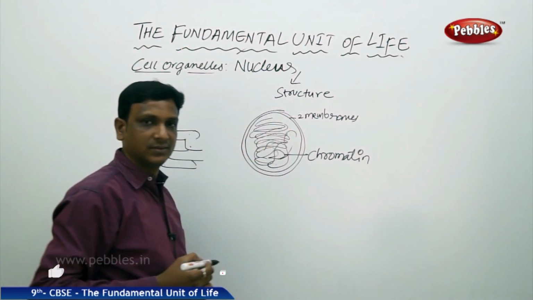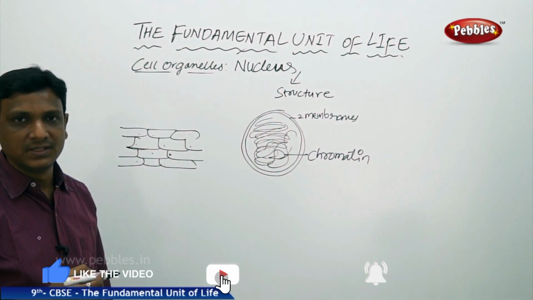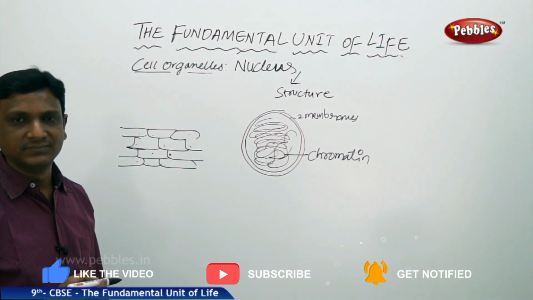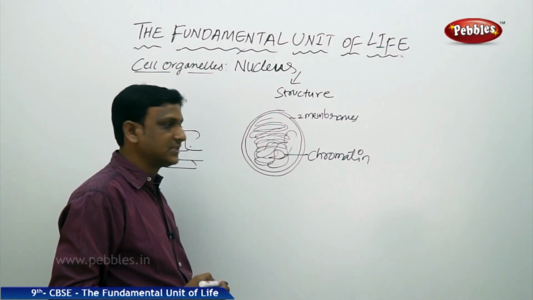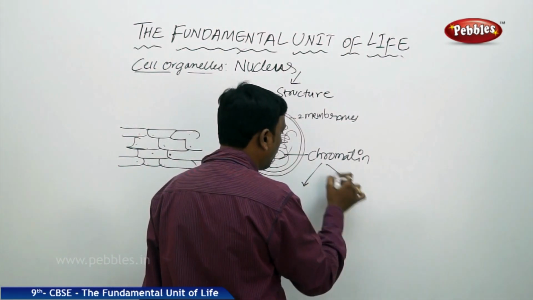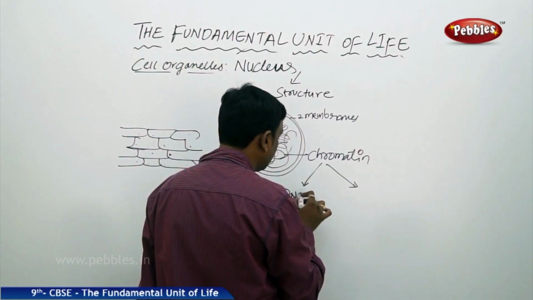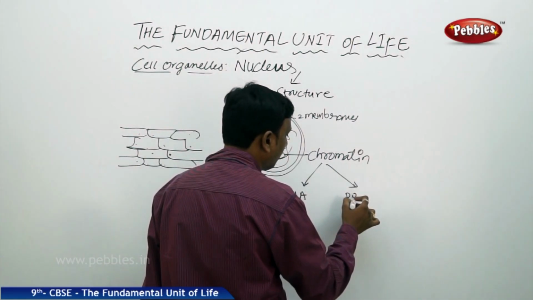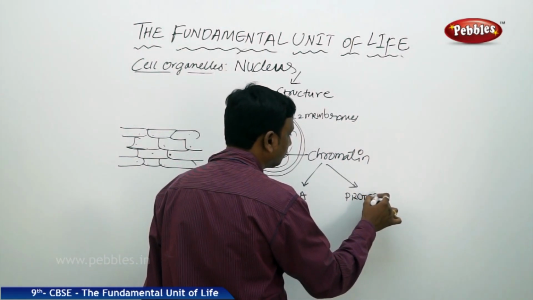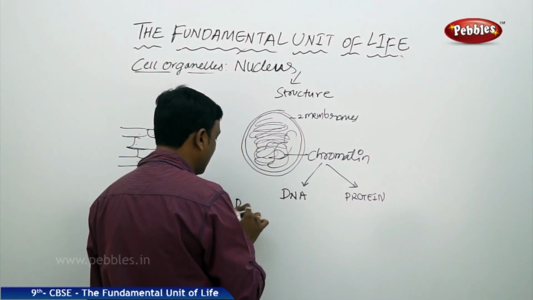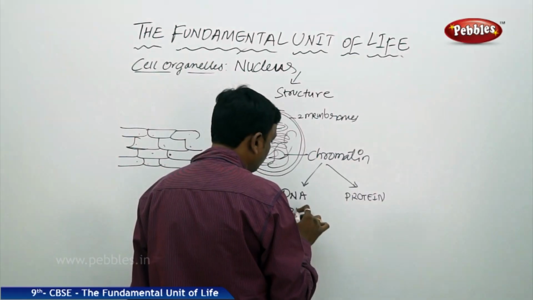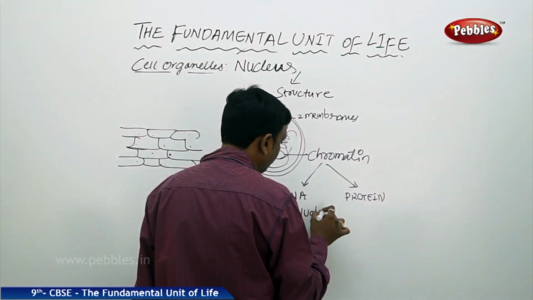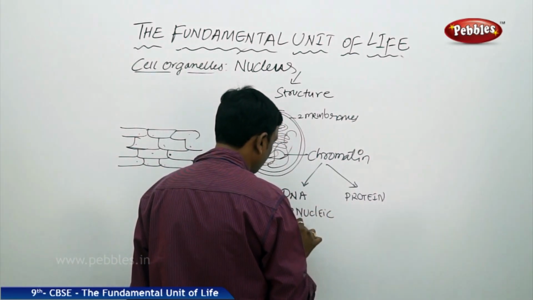Nuclear material, chromatin. So what is this chromatin? Is it a ball of thread? This chromatin is made up of two important materials called DNA and protein. So what is this DNA? Deoxyribonucleic acid.